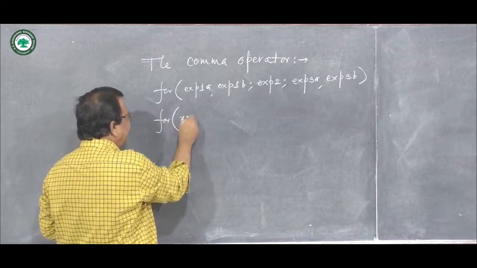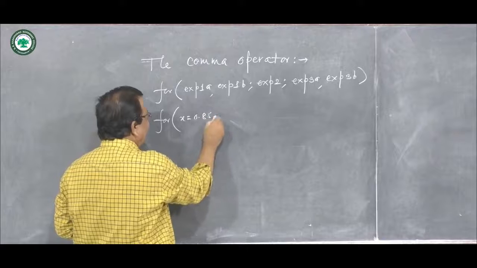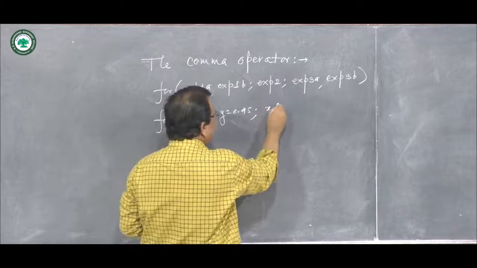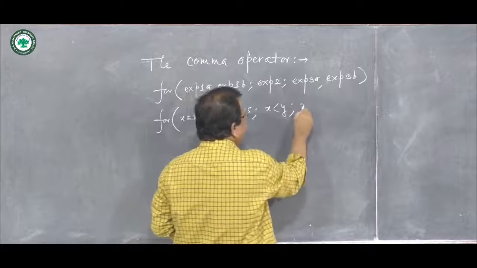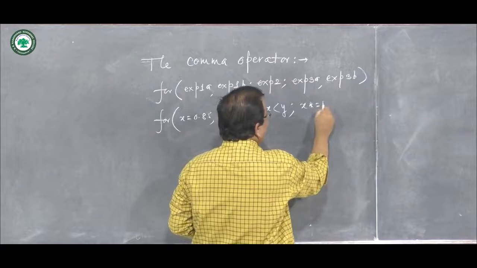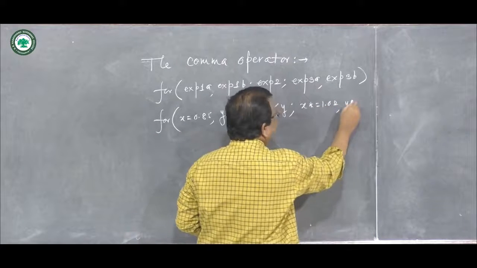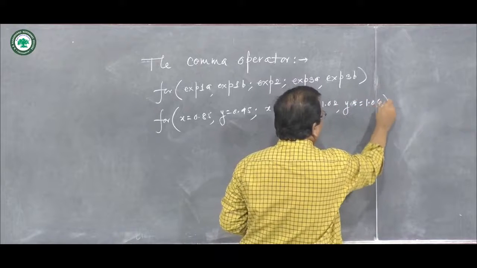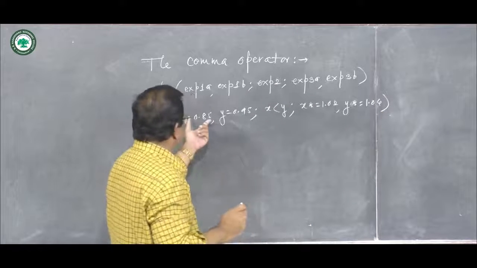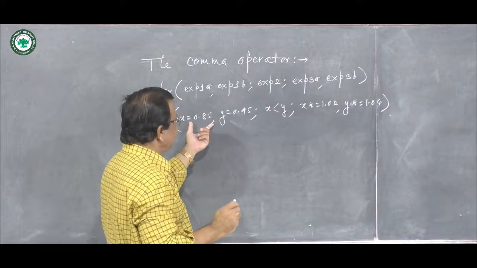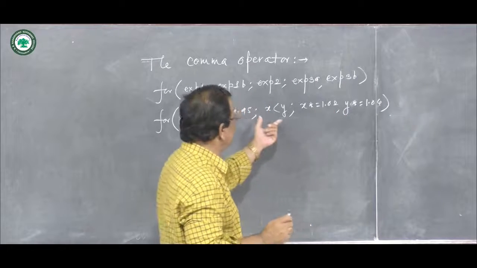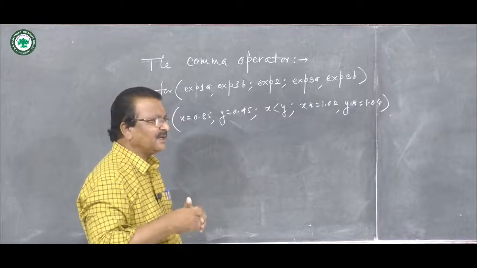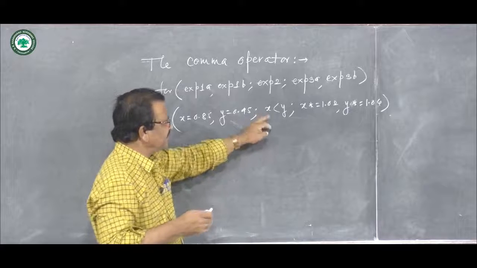Here is an example. For, I am initializing x to 0.85, comma, y to 0.95, and then the test condition, so long as x is less than y, x is multiplied by 1.02 and y is multiplied by 1.04. So these two expressions are separated by commas, and the test condition has to be a single condition, maybe a compound condition, but it has to be a single condition.